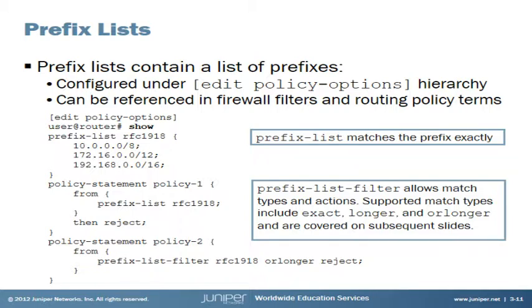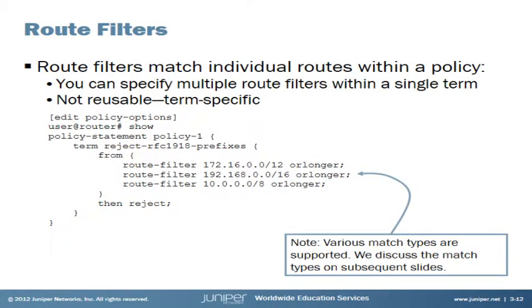We're going to talk about what exactly those are. So what we're trying to do is identify the routes to which networks we're either going to accept or reject in this policy. A route filter will match individual routes within a policy. You specify multiple route filters within a single term.